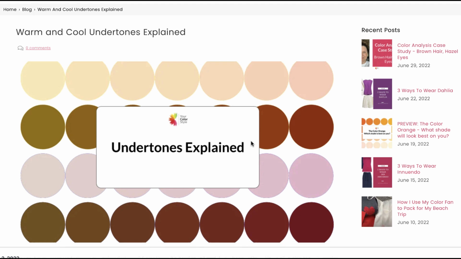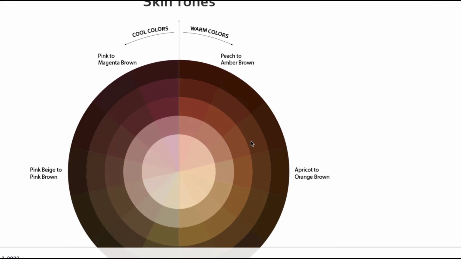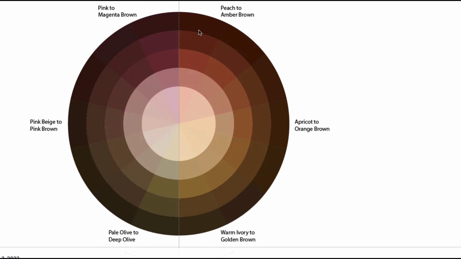Out on the blog, I have placed for you a skin tone chart based on what I just explained. So you can see here on the right side of this chart are all of the warm colors, all the warm skin tones, and on the left are all of the cool skin tones, from very fair to beiges to dark.